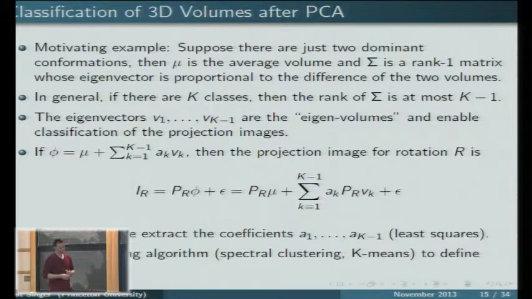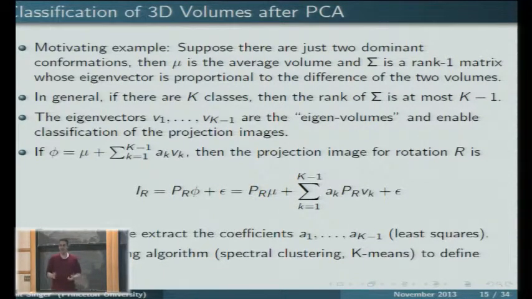Now, why is it useful in our problem to think about PCA? For example, if we have just two conformations, so the number of heterogeneous groups is just 2, then how many principal components do we expect to see? One, right? There will be an average, the mean, and the principal component will just be the difference between the two volumes.